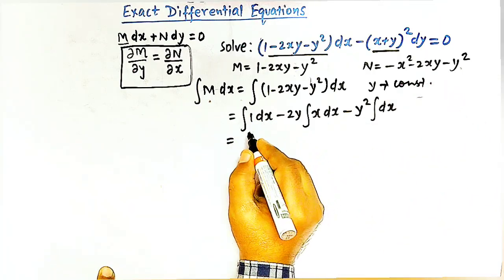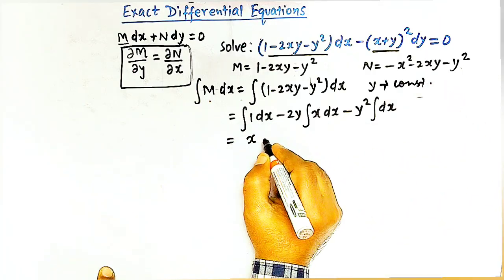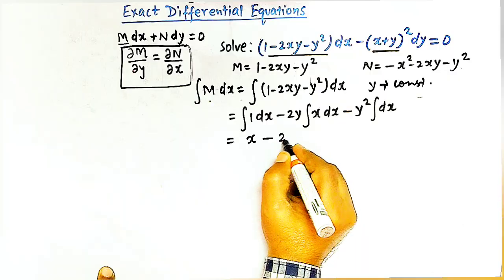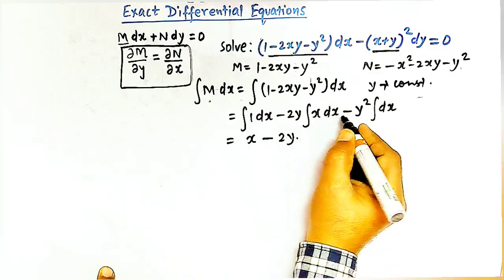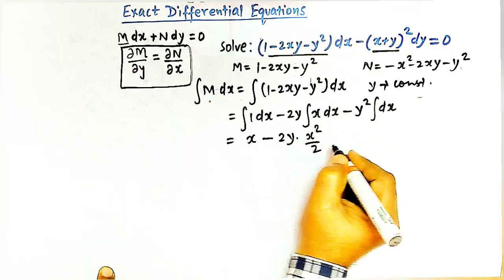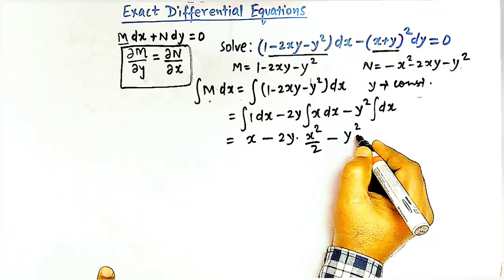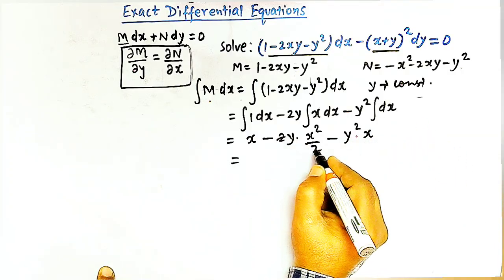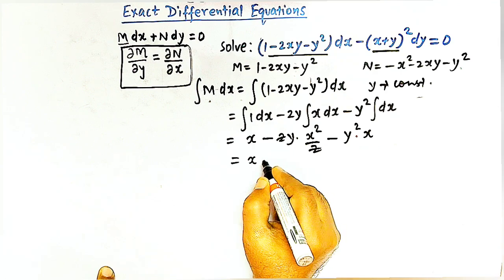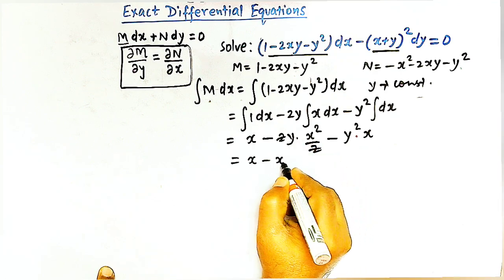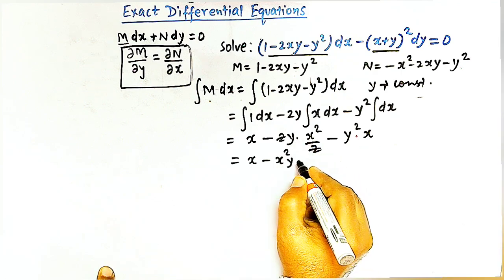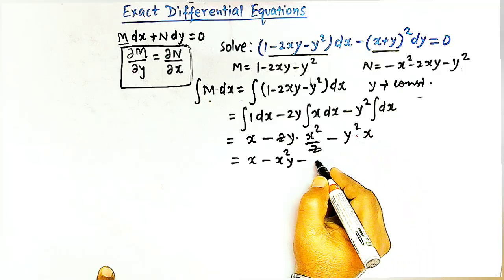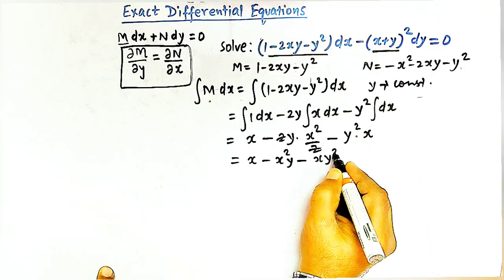So here the integral 1 dx is simply x, and here we have minus 2y. Integral x dx is x square over 2. Here we have minus y square, and here we have x. So 2 and 2 get cancelled. We have x minus x square y minus, and here we have x y square.